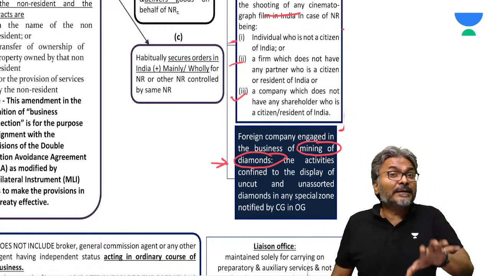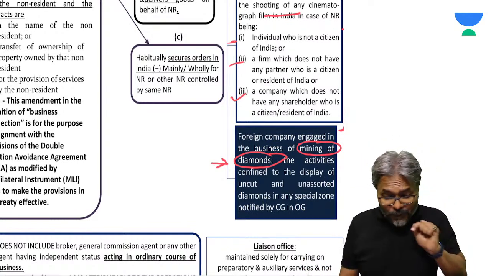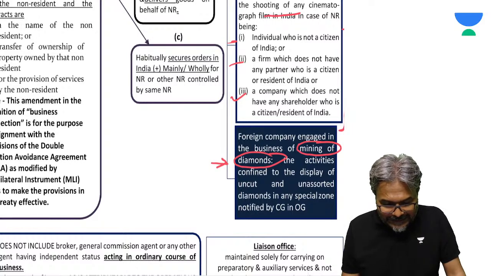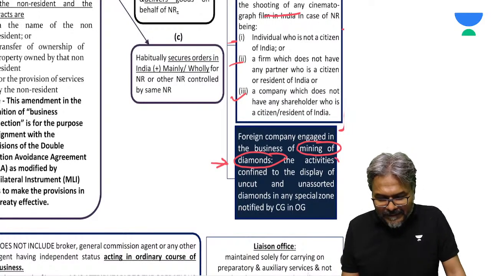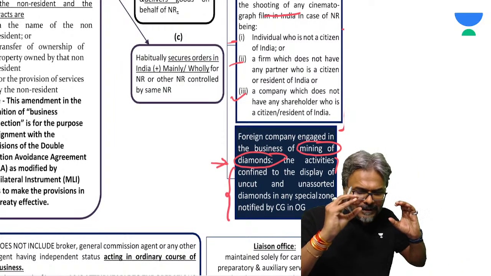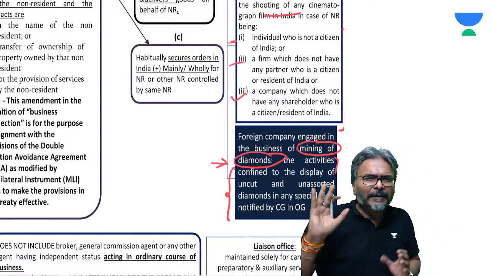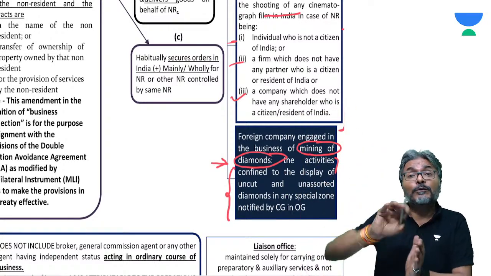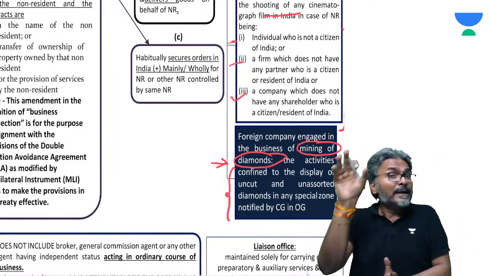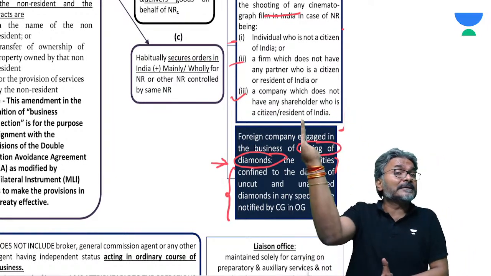So he is a trader of diamonds. And that trader's activity was to display the uncut diamond in the special zone notified by the central government.